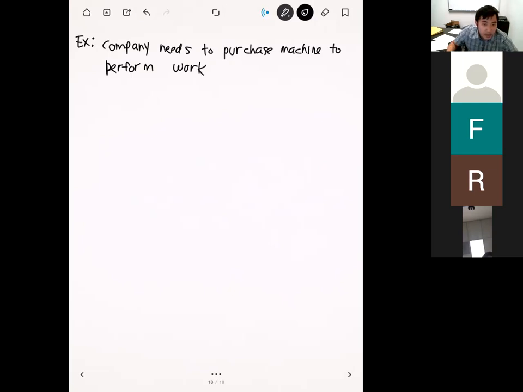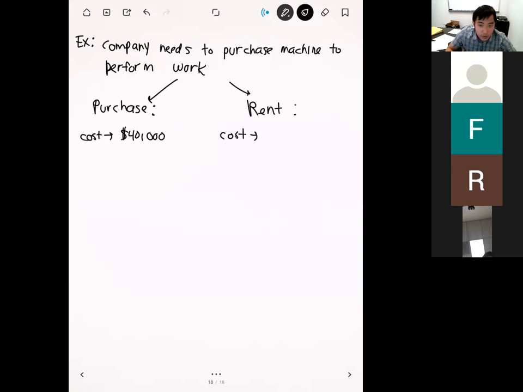They can purchase the machine, and if they choose to purchase it, it's going to cost them $40,000. Or they can rent the machine from the parent company instead, and the cost for renting is going to be $2,500 per month.